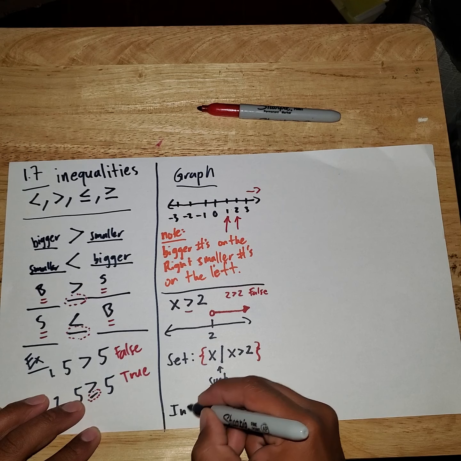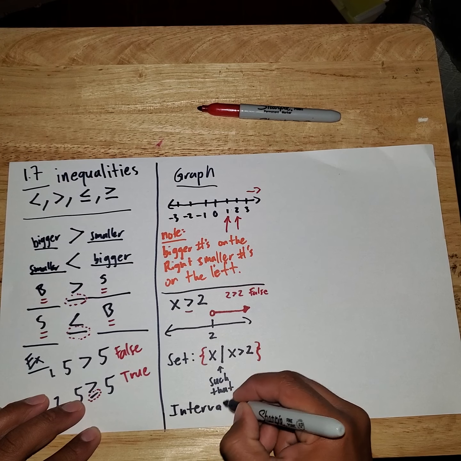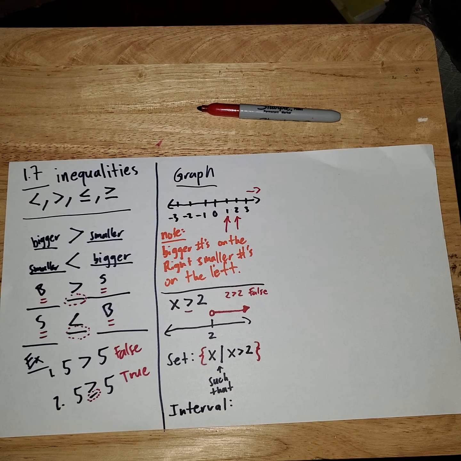And then we have interval. Interval notation is a little different. So interval notation, you always want to write from least to greatest. In this situation, it is left to right. But later on, when we look at domain and range, we're going to have to look from down to up.